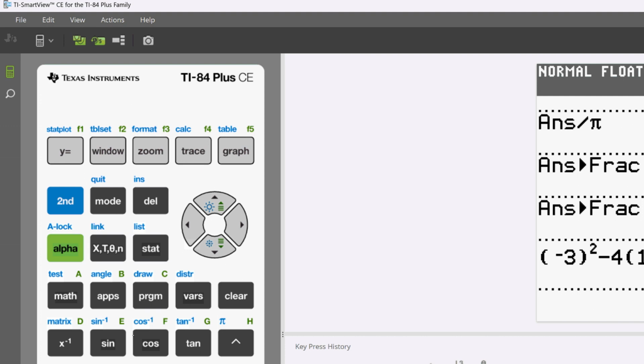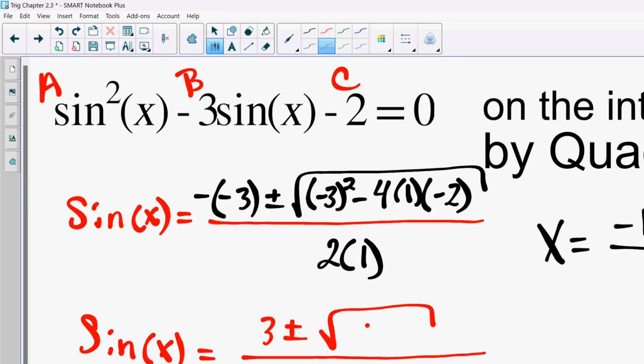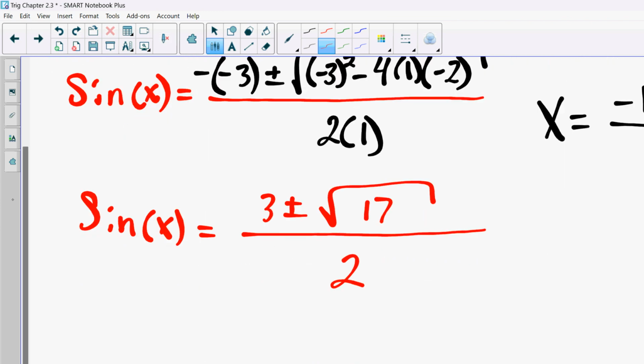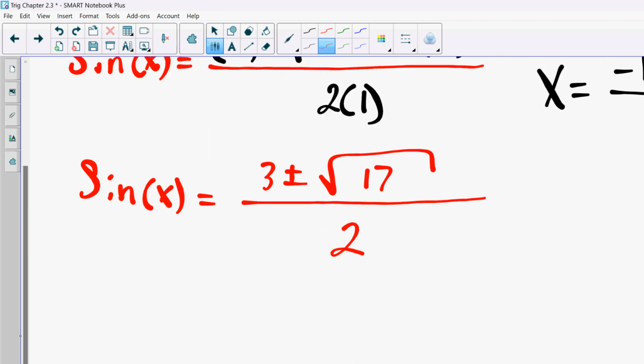And we get 17. So if we did this on the graphing calculator, it would have given us a decimal answer. And if we did this in the yellow calculator, it would have worked out fine and just told us it was the square root of 17. Any questions on this here? Any questions on anything we've done so far?